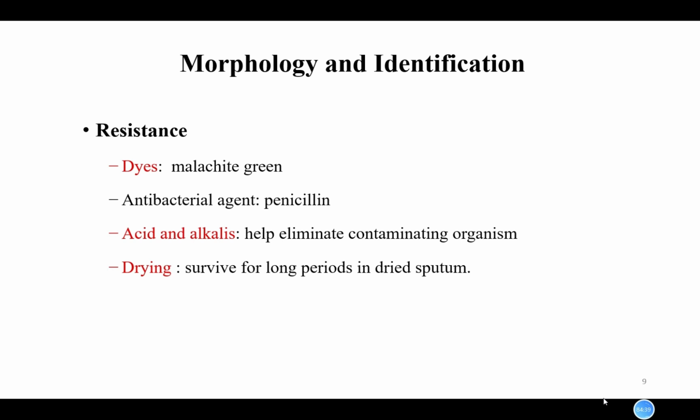It's resistant to acids and bases, alkalis. So based on this, we can treat the specimen with either acid or alkali to eliminate other bacteria, eliminate contaminations, so that it will help us to culture tuberculosis with a higher chance.